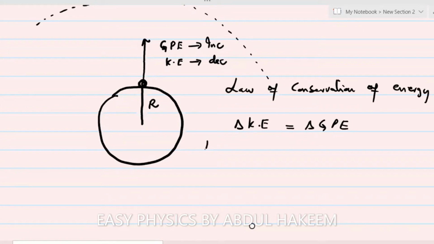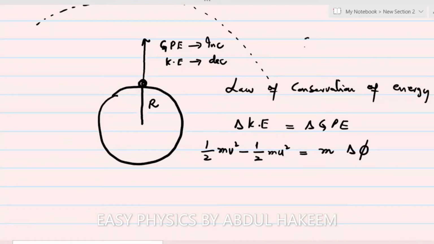Now the change in kinetic energy, final kinetic energy minus initial kinetic energy, is equal to change in gravitational potential energy, which is equal to m times delta phi. Reason: because the gravitational potential energy is m phi, m constant. When potential energy is increasing, phi is increasing, so it's m phi.